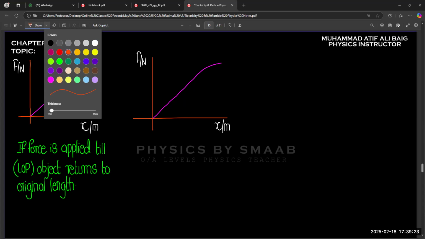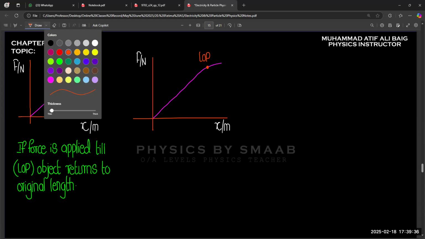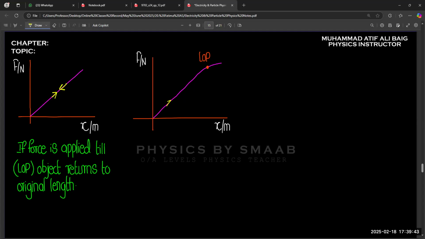And here we take the body to the limit of proportionality. So if we increase the load until the spring reaches the limit of proportionality, still we will get the same loading and unloading graph, right? So there will be no difference in the loading and unloading graph.